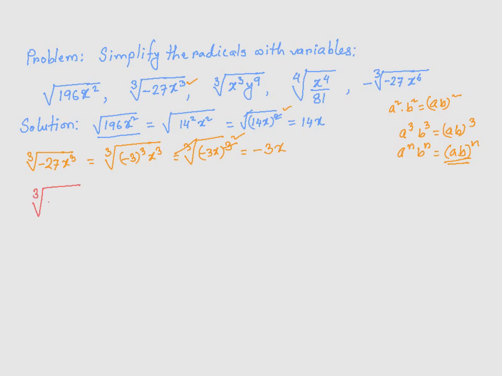Now let's do the next one. Cube root of x cubed y to the power 9. So what I am going to do, I am going to express the terms under the radical in a way so that it becomes a perfect cube. x cubed, now look, y to the power 9 is y cubed, whole cubed, because y to the power 3, the whole thing raised to the power 3 is going to be 3 times 3, which is 9.